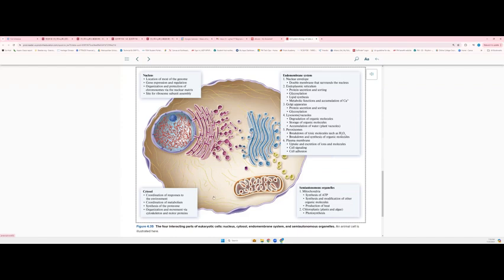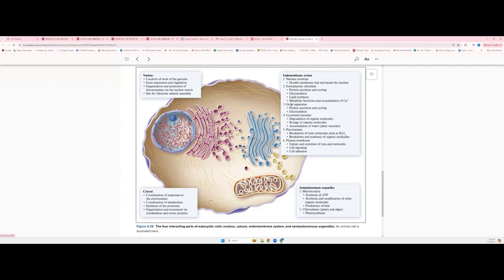So this is where that response happens in the cytosol. It also coordinates metabolism. For example, if some chemical reaction corresponds to metabolism, that happens in the cytosol.